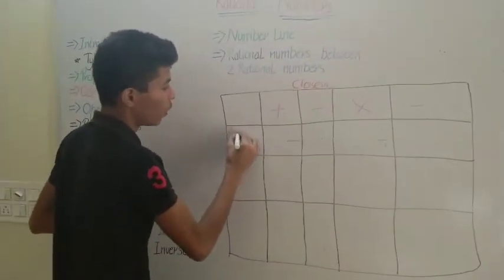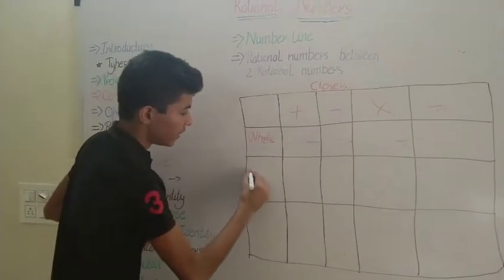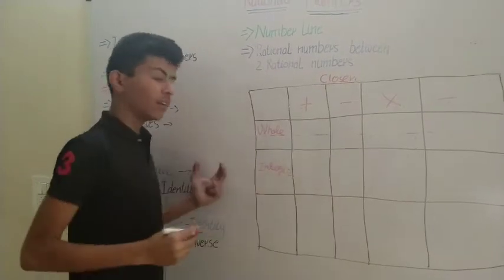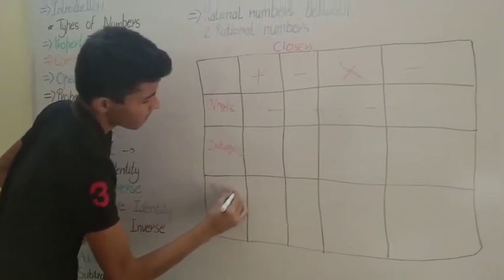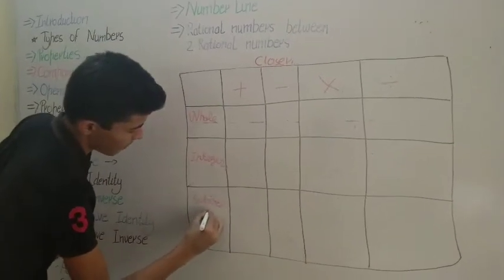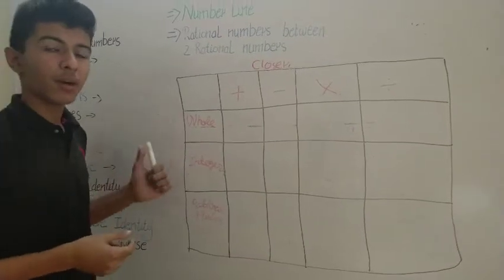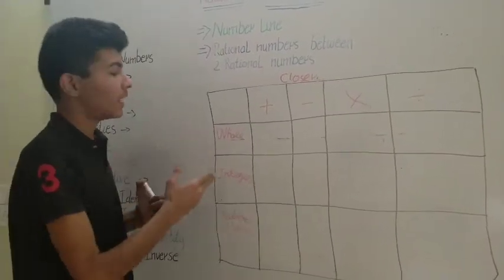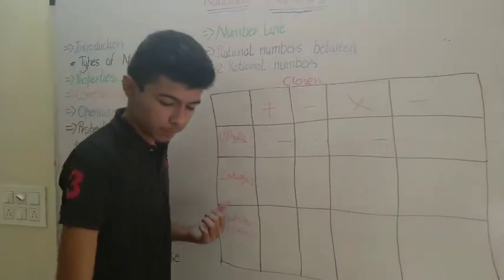We take the whole numbers, then the integers, and then the rational numbers. We are not taking the natural numbers because the natural numbers follow the same property as the whole numbers, because only a zero is added to that set.